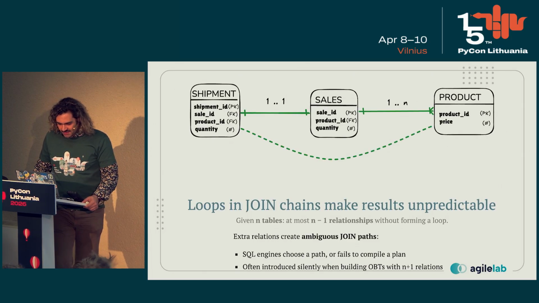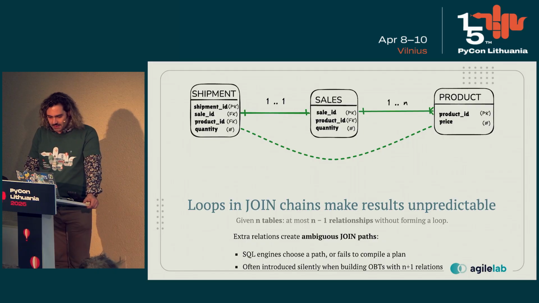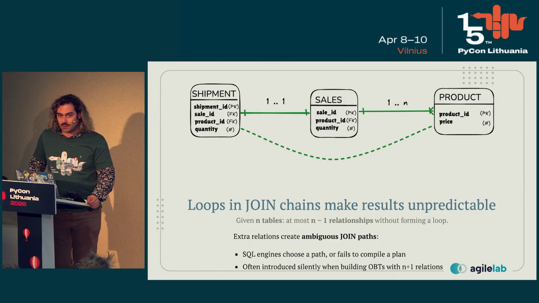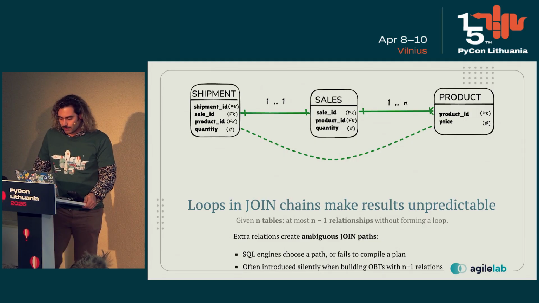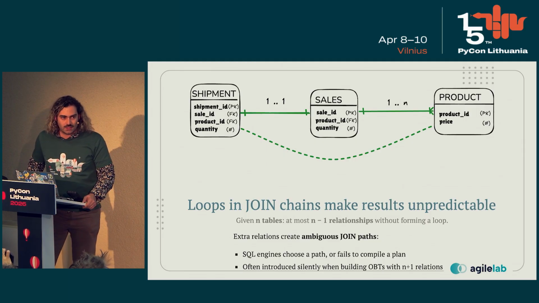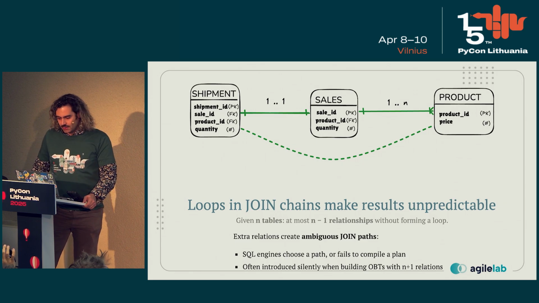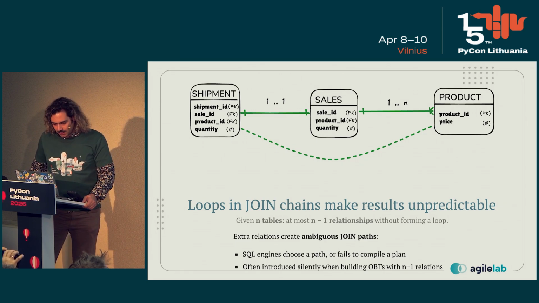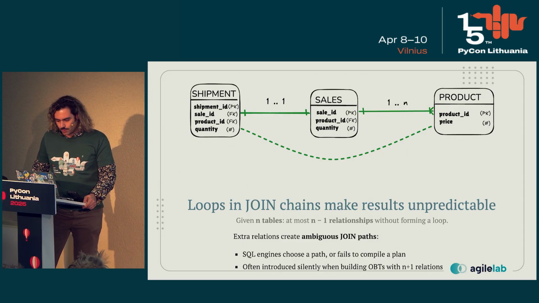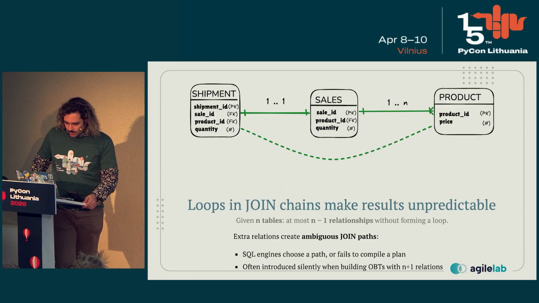The last kind of trap is a scenario in which, for example, you have three tables that are horizontally connected together. So think of a sale, like your customer has bought three products, then they are all shipped together into one shipment, and then you might want to join the shipment back to the products to get more details about the whole outcome.